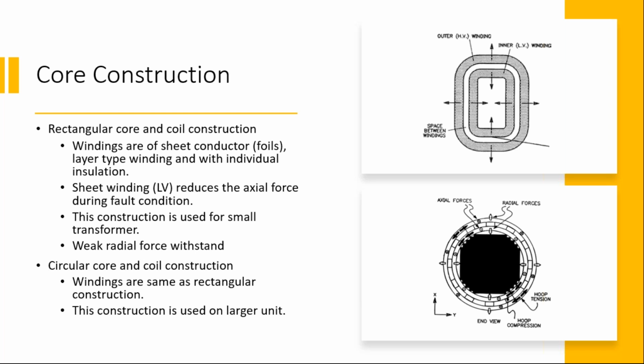It is the preferred construction, specifically from a short circuit point of view, and has good strength against short circuit forces because the circular coils and the LV coil, which is inside, sit very tight on the core, and the core being almost a solid mass built up of sheets adds additional strength against those forces. We're going to go through more details about the winding construction in the next slide.